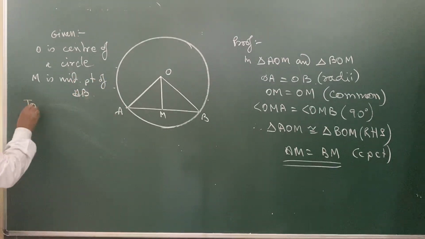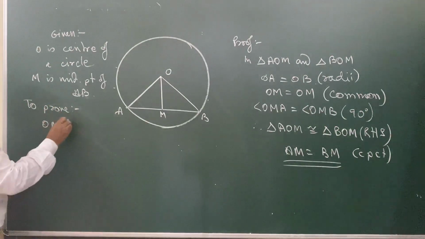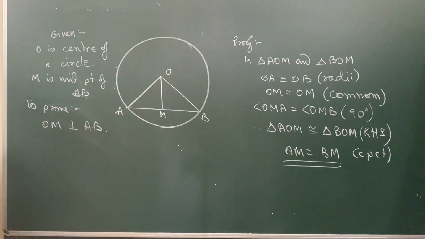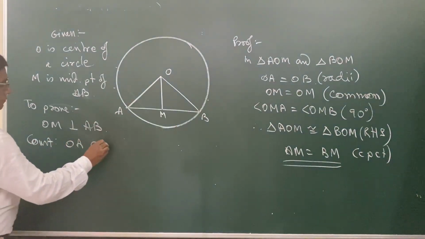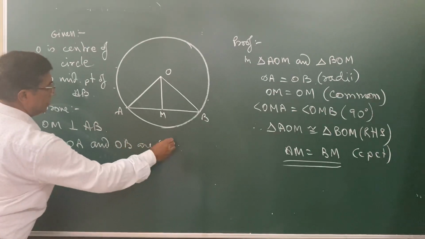To prove OM perpendicular to AB. Here also the same thing, construction: OA and OB you join. OA and OB are joined.